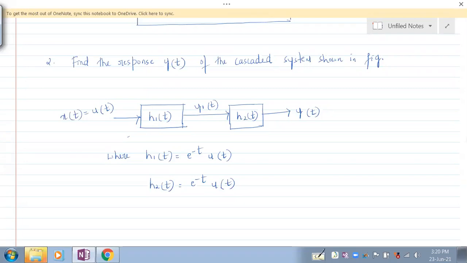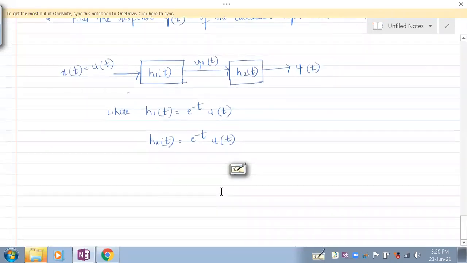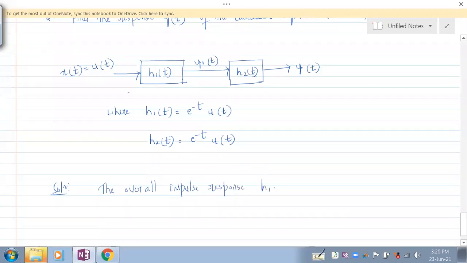Understand this point? So if they are in cascade, what would be the impulse response? In the solution, the overall impulse response, let's write h1 2 of t. Why? Because there are two impulse responses, h1 of t and h2 of t. So those two we are taking overall now.